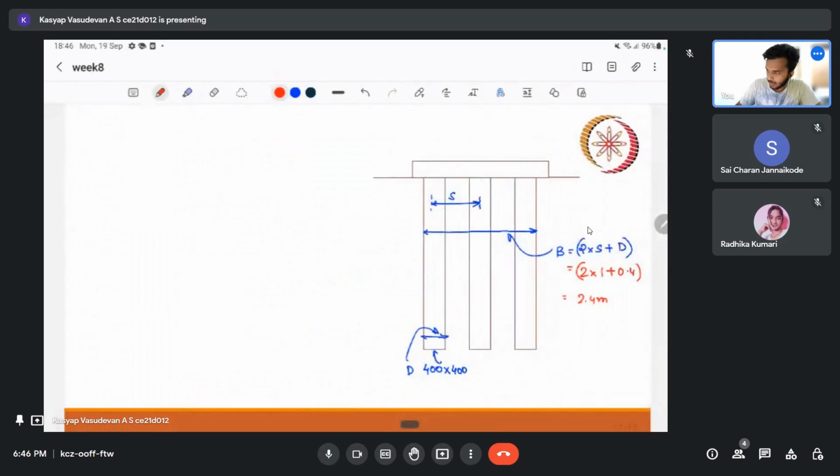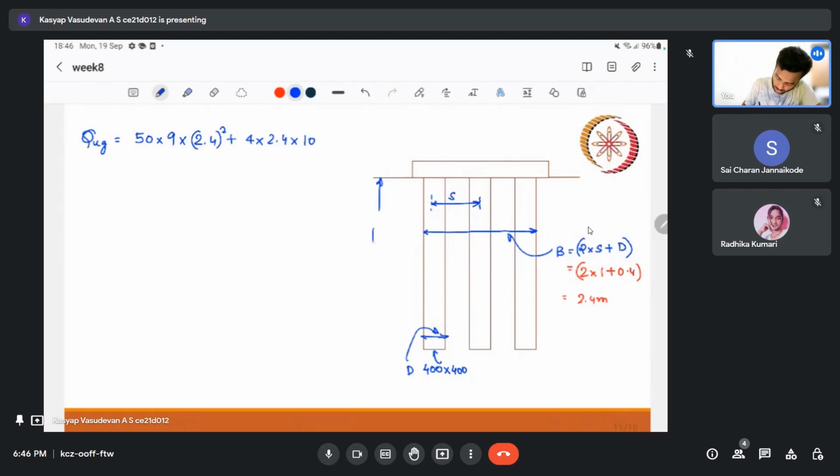Our value Qug for the group, that is block failure, we are getting as Cu, that is 50 into Nc, that is 9, into B square. B square is nothing but 2.4 square, plus 4 into B, right? So 2.4 into L. L is the length of the piles.